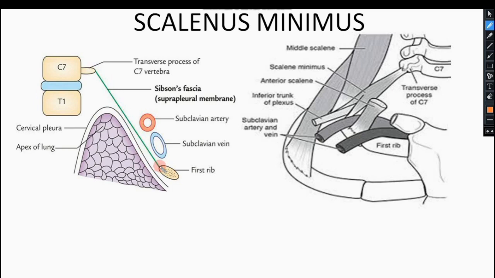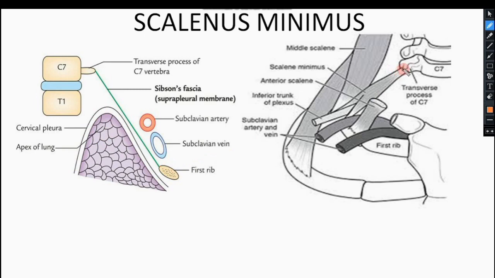Clear? This is the inner border of the first rib, and here we see the cervical pleura, and here is the apex of the lung.